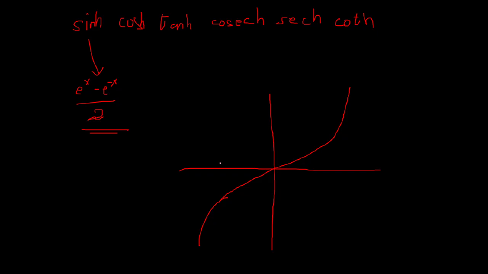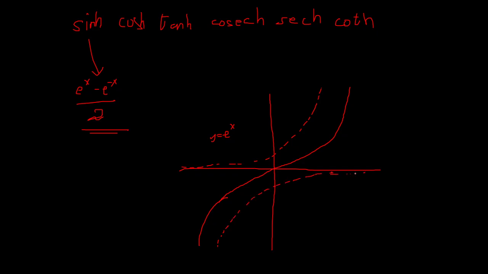If you drew y equals e to the power of x, it would follow that kind of trajectory here. And if you drew y equals negative e to the power of negative x, you would get something along this.